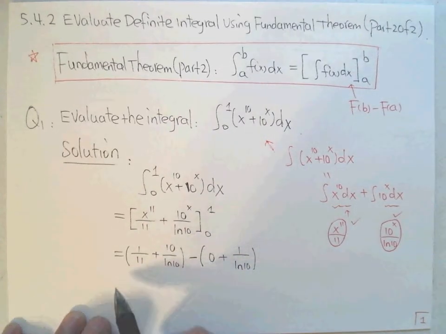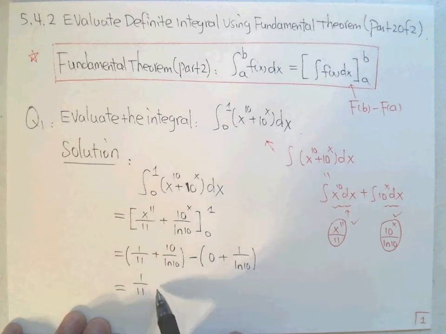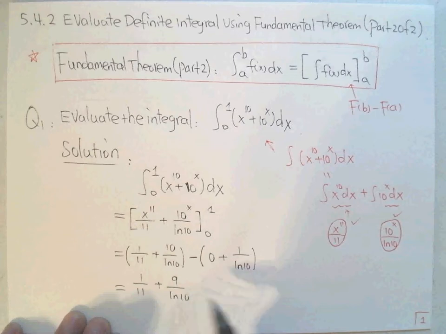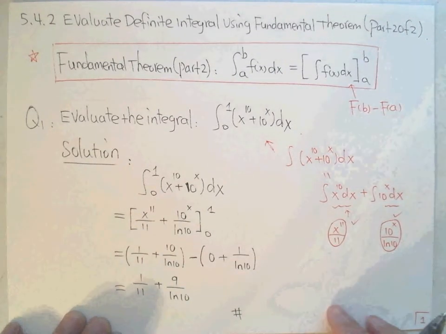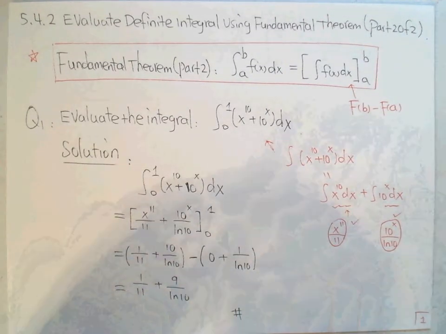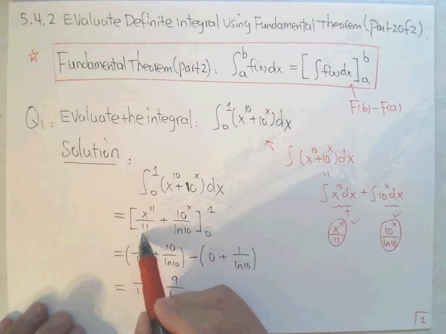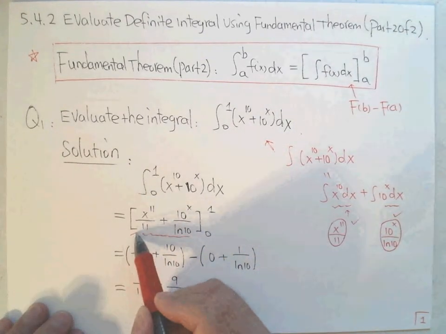Put them together and we get 1 over 11 plus 9 over ln 10. The calculation is not difficult. All we need to do is find this antiderivative. This is the most important.